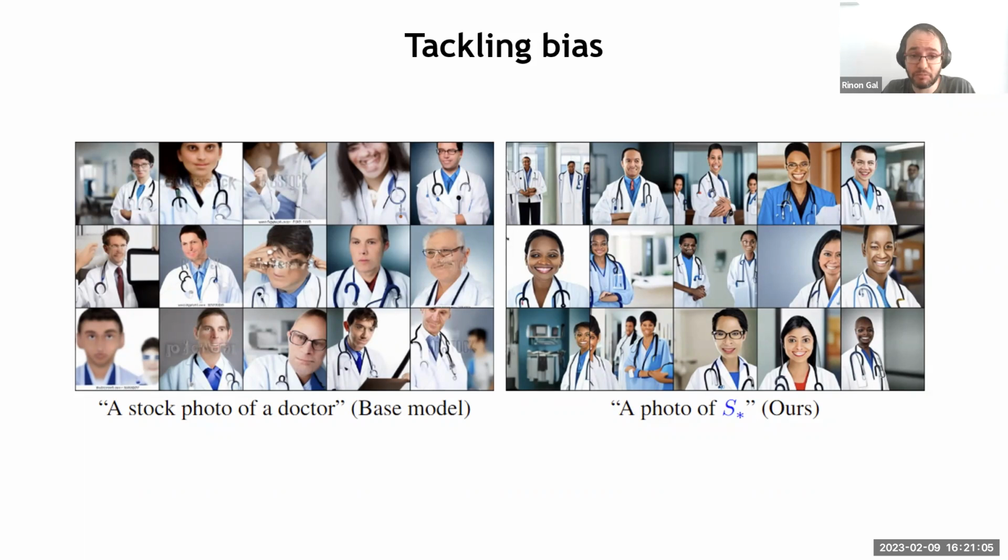Since we only need about 5 images to learn this new word, we can just handpick them, make sure they contain enough diversity, use them to teach the model a new word for doctor, and then just use that instead in order to get a much fairer representation.